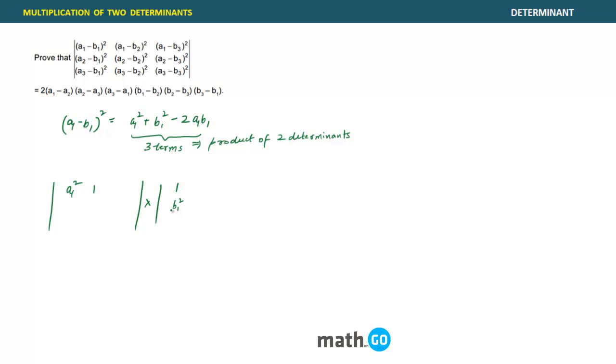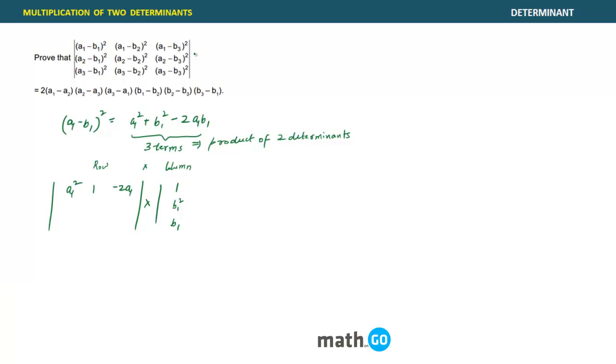So this will be 1, so this is a1 square, this is b1 square. You understand that I will be doing row into column multiplication, as different from the earlier example, where I gave you the example of row into row multiplication. Now you want again minus 2a1, so this will automatically become b1. Got it? So this is how you will get the first term.